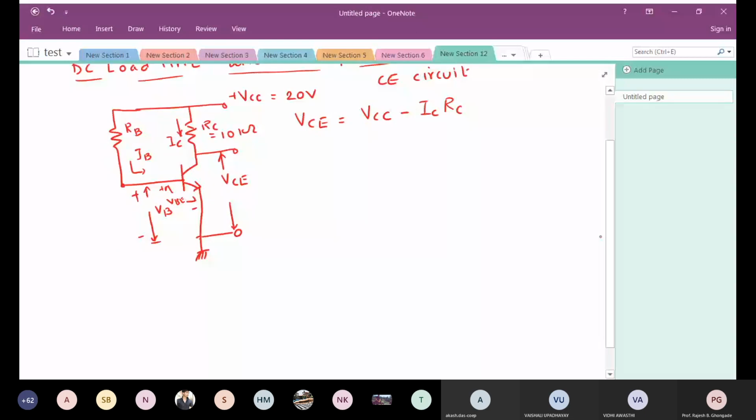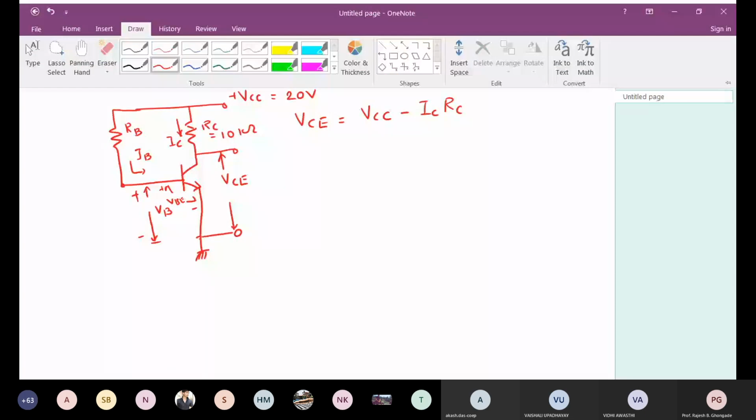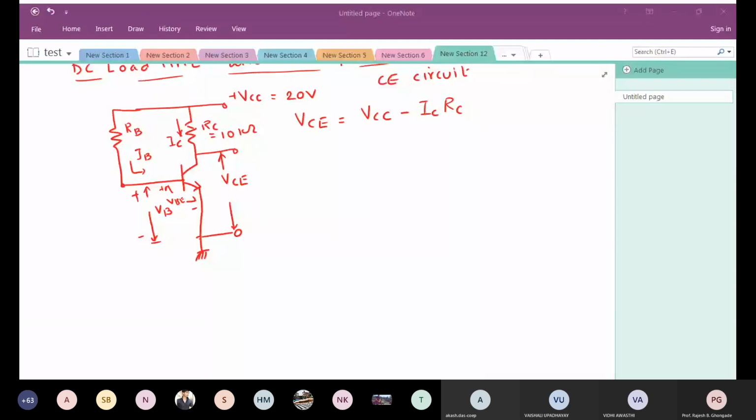Now I have to superimpose this. I have to construct a load line on the output characteristics. So I'll have to draw the output characteristics first of all. Just give me some time for that. In fact, I have a figure. Let me see if I can superimpose this. Just give me a moment.